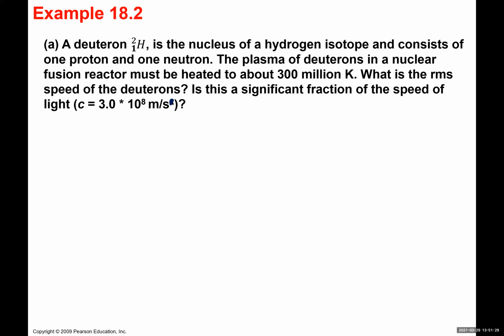All right, so now I'm told that I'm dealing with the nucleus of this hydrogen isotope, and it has one proton and one neutron. Which means that I can find my total mass by taking the mass of the proton plus the mass of the neutron. The mass of the proton is 1.67 times 10 to the negative 27 kilogram.